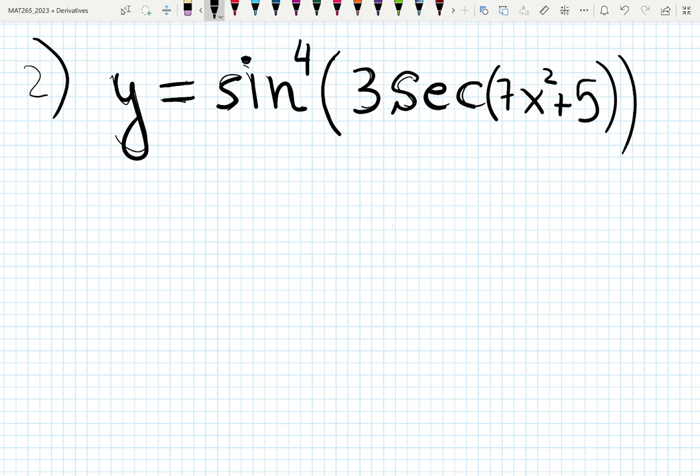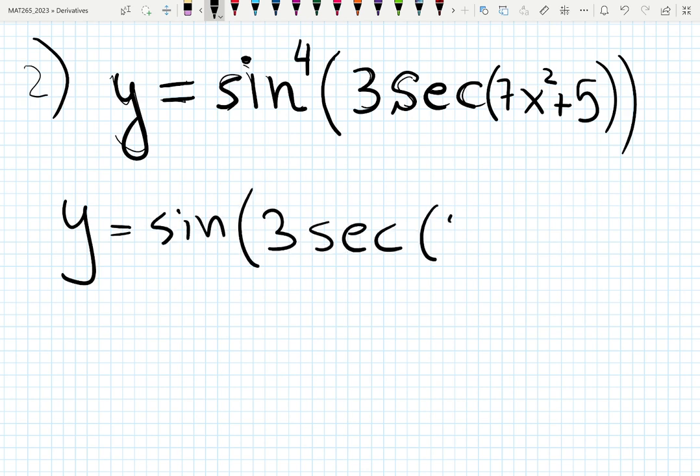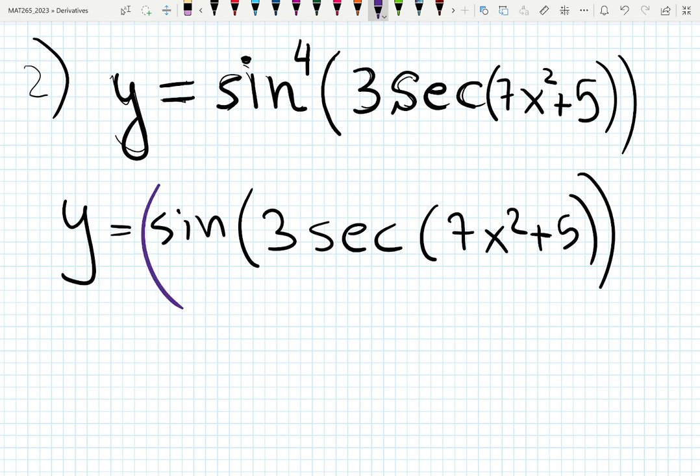If it's not visual for you that the 4 is outside, you can always rewrite it. You don't have to, but you can rewrite it to be in huge parentheses and to be outside. So you can see, oh, everything is to the 4. Now it's kind of visual. The power of the 4 is the first derivative I'm taking.